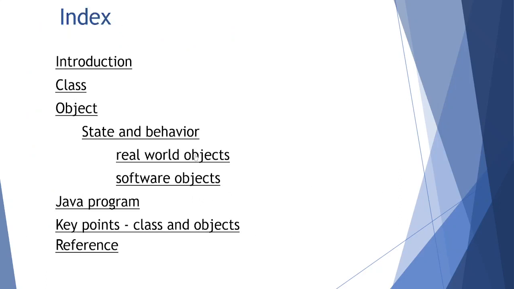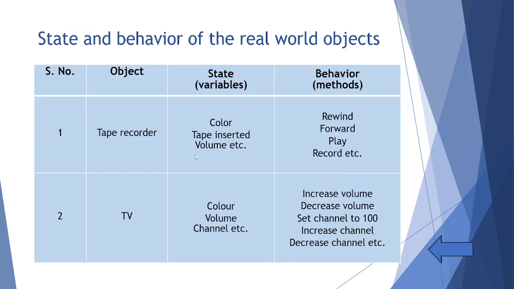Let's understand state and behavior of real world objects. Objects: tape recorder, TV, real world objects. Both of them have state and behavior. All objects have state and behavior. State of a tape recorder is color, tape inserted, volume, etc. State may change, some of the variables like tape inserted.